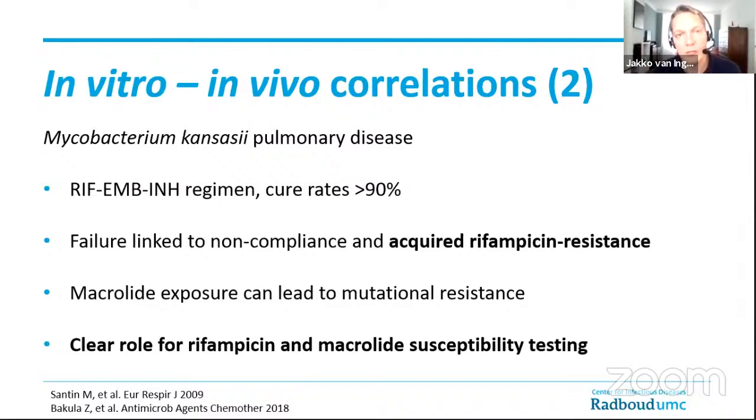So overall, treatment for Mycobacterium kansasii is highly successful with very good outcomes in over 90% of the patients with the rifampin, ethambutol, isoniazid regimen. Yet, in some case series, patients have failed, sometimes due to non-compliance. And what was seen upon treatment failure is that the strains had acquired rifampicin resistance.